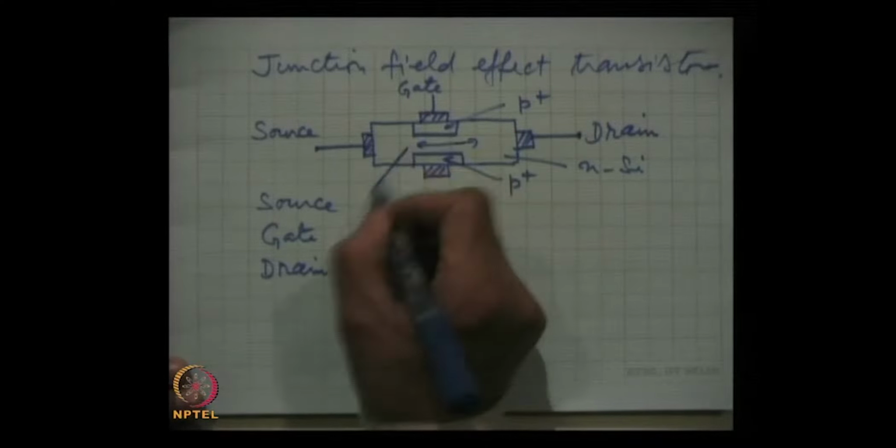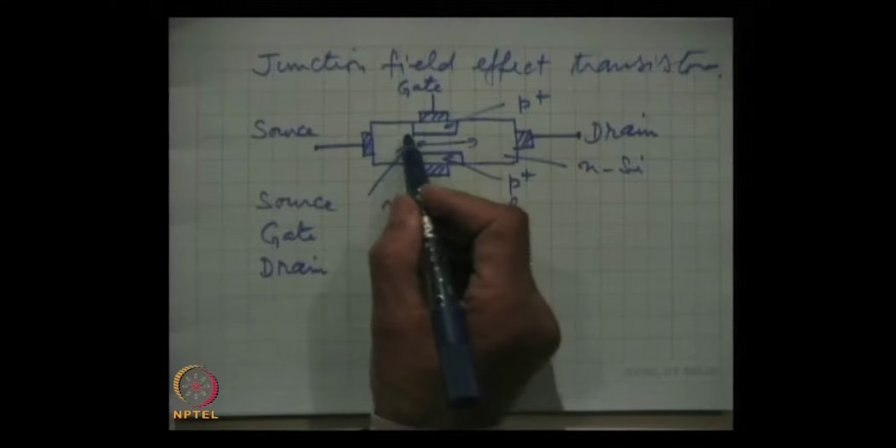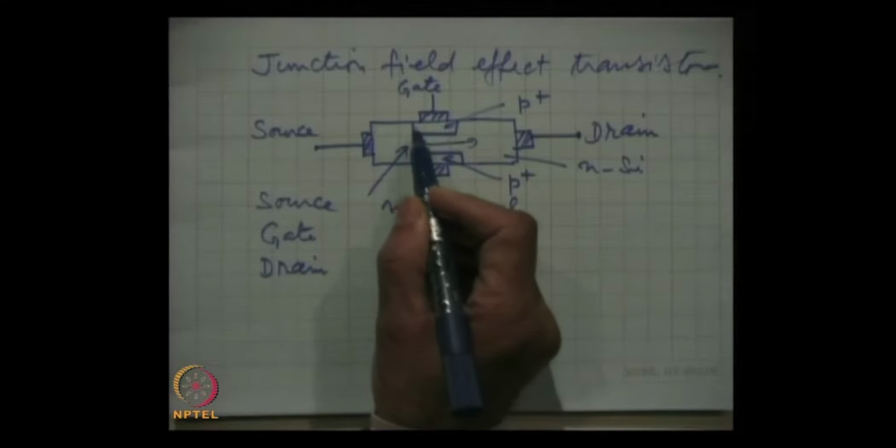I repeat, this is the substrate N type and this is p type region, this is heavily doped. So, a p-n junction kind of thing will occur of course, but more important than that is a depletion region will be deposited here.